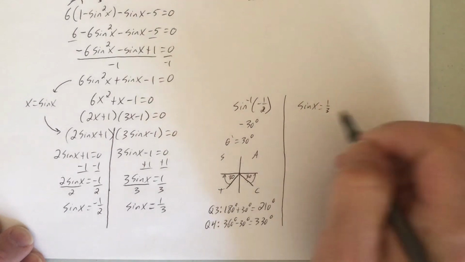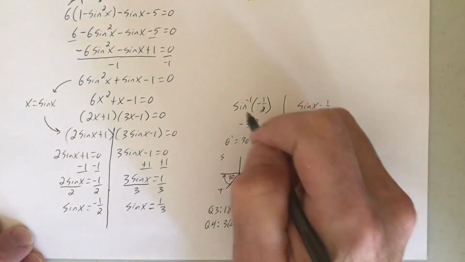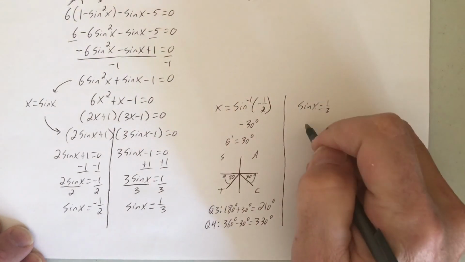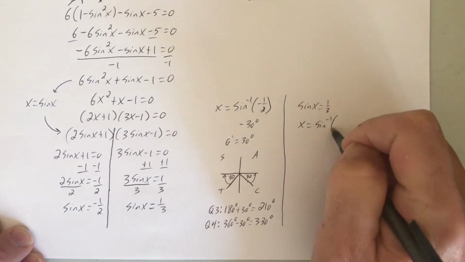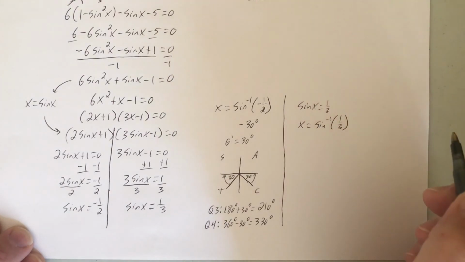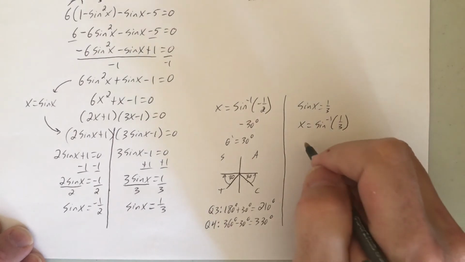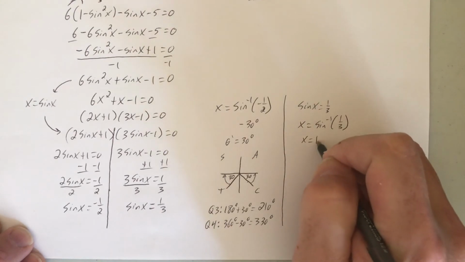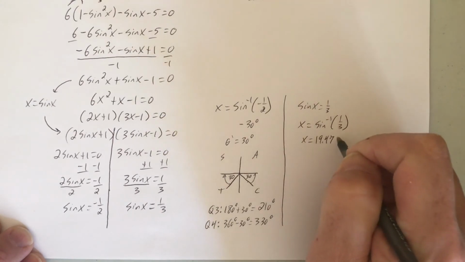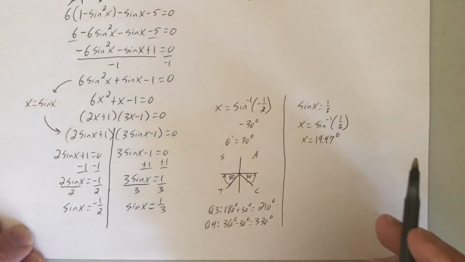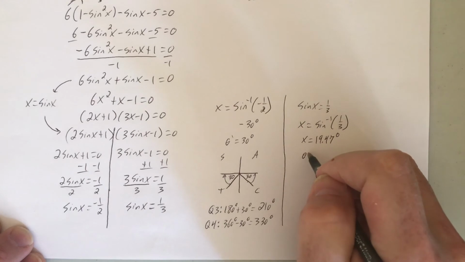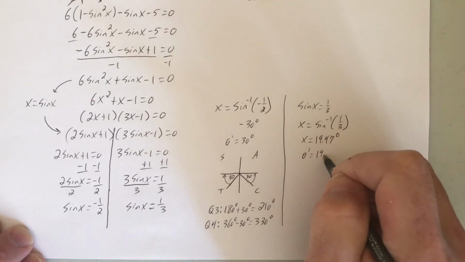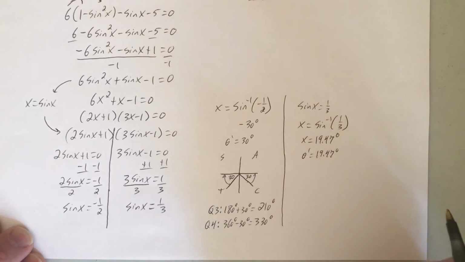So again, if I do the inverse, I get x, should have put the x over here, sorry. So x is equal to sine inverse of 1/3. And when we do that, we get 19.47. Well, that means that our reference angle, so theta prime, is 19.47 degrees.